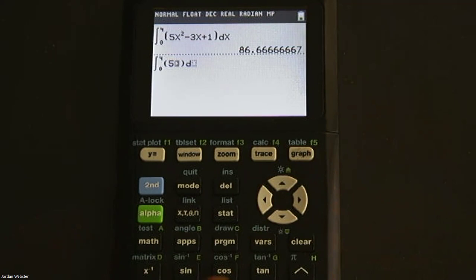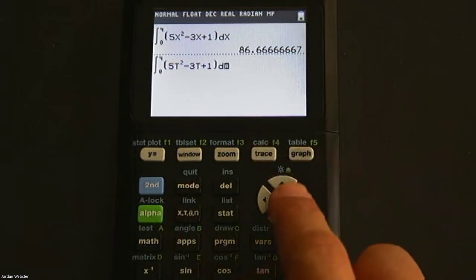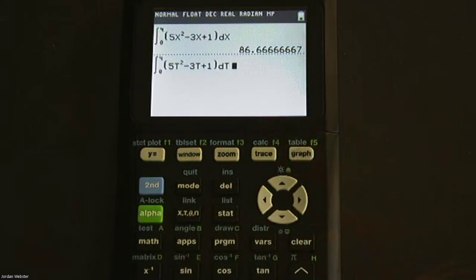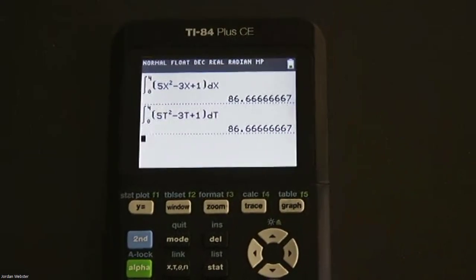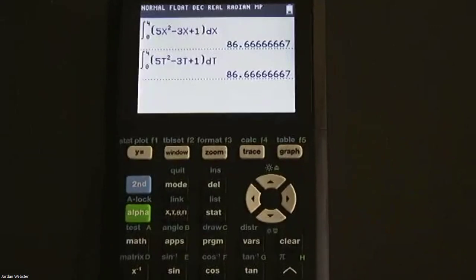Now every time I hit the variable key, since I'm in the parametric mode, that variable key will give me a capital T. So I just type it in as I would see it in parametric mode and then hit enter. And that's what I end up with. Again, 86 and essentially 2/3.